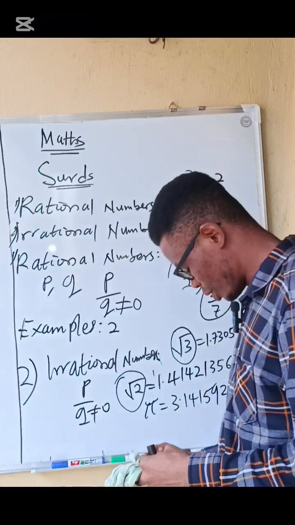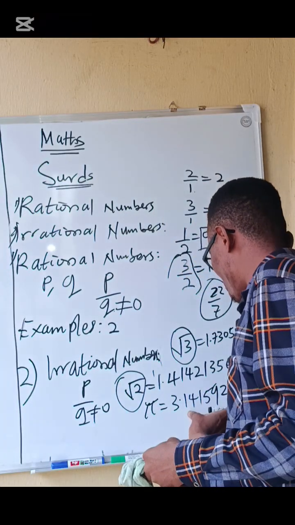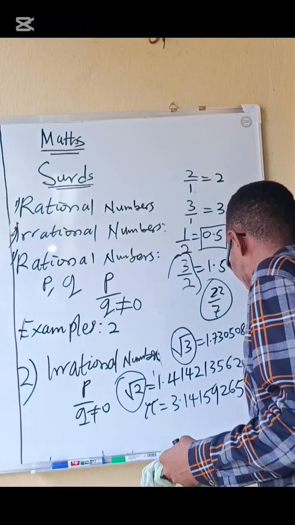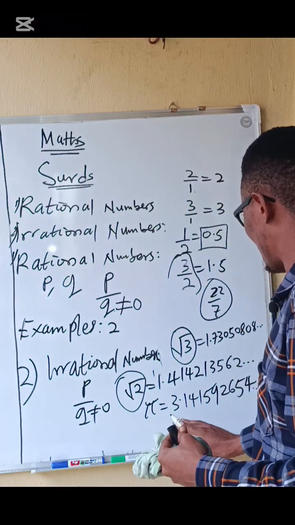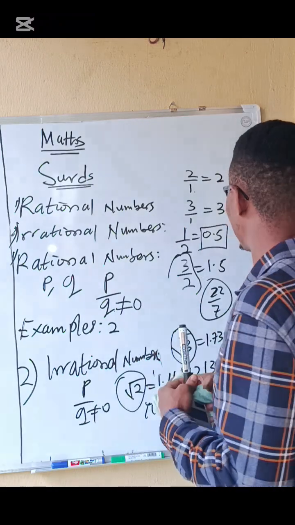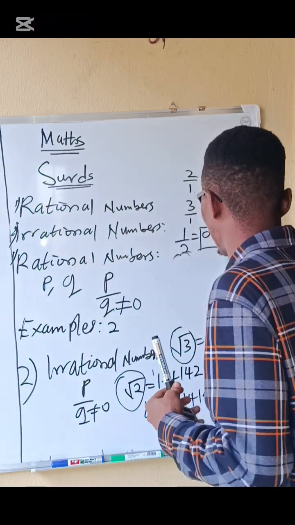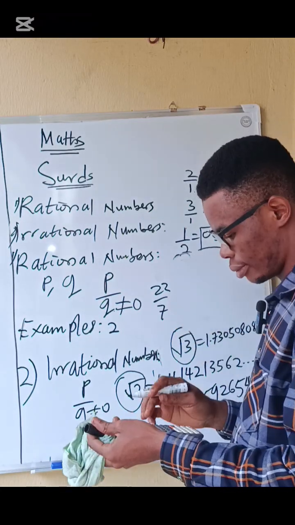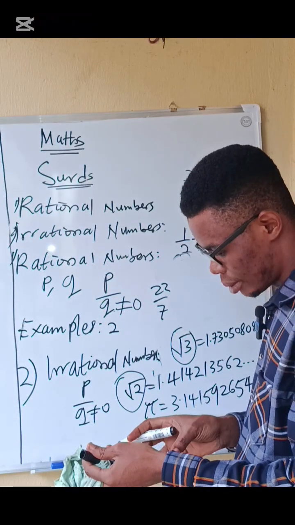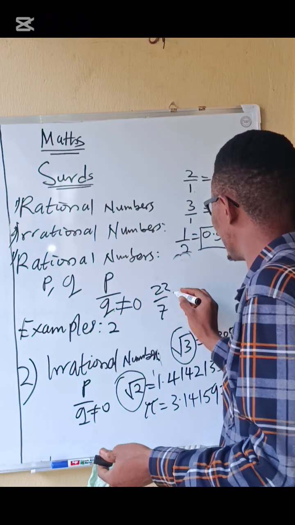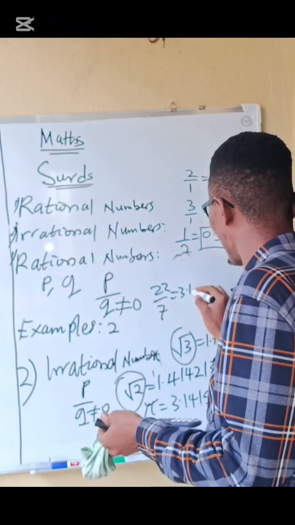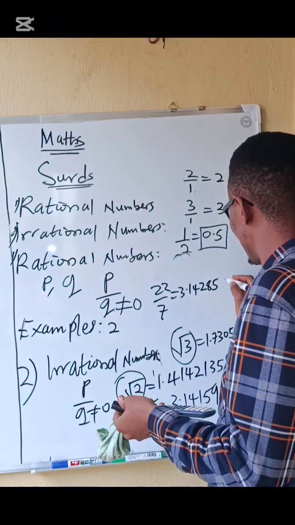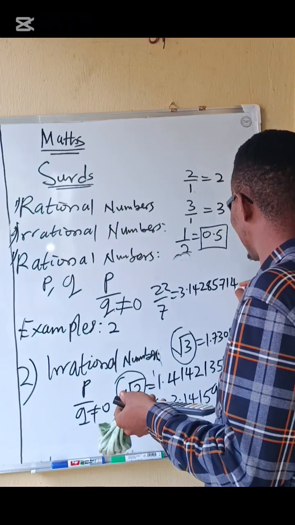That means if you put pi in your calculator and find the value, you are going to have this. Let's find 22/7 and see something. 22 divided by 7 is going to give us 3.142857143.